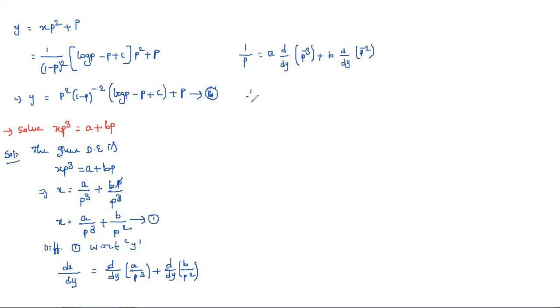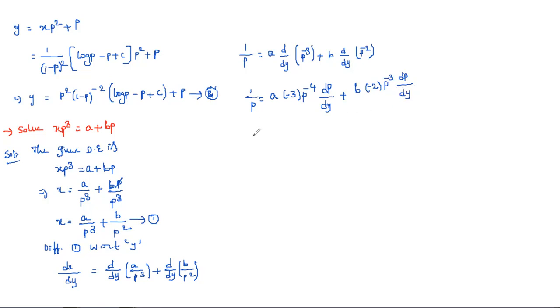Now you can find the derivative of this one. So a into, applying the x power n formula, what will we get? Minus 3 into p power minus 3 minus 1, which is minus 4, and the derivative of p is nothing but dp by dy, plus, and similarly, b into minus 2 into p power minus 3, and the derivative of p is nothing but dp by dy.